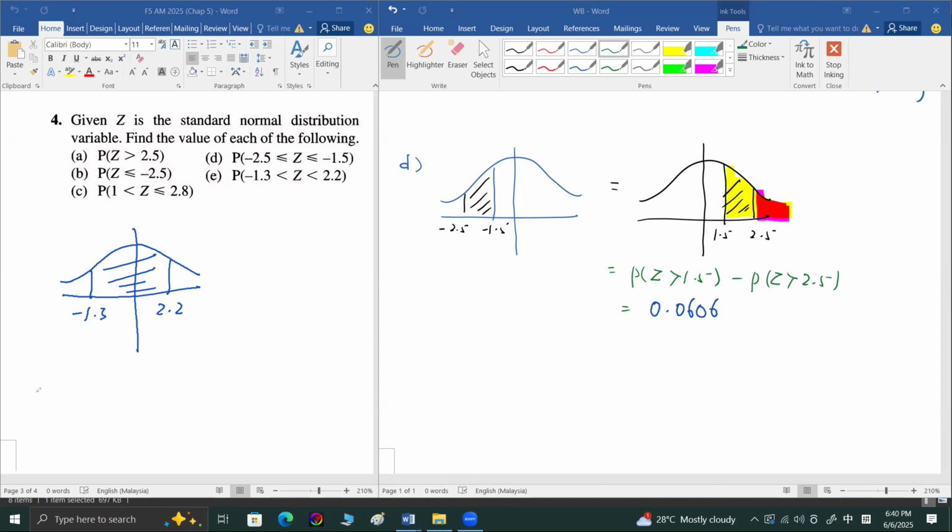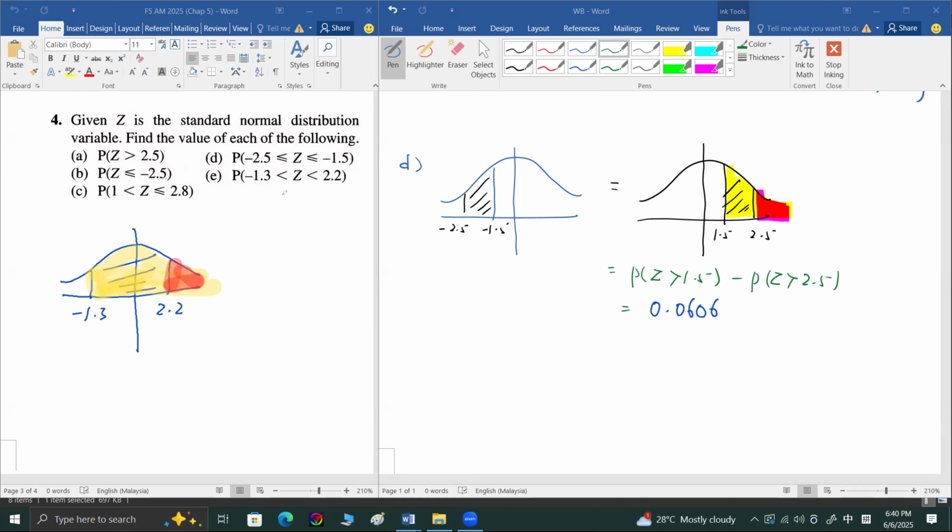If you apply with your calculator R, then you want to find the shaded region. Is it you get the whole thing here, minus here. Okay. Area to the right of negative 1.3 minus 2.2.